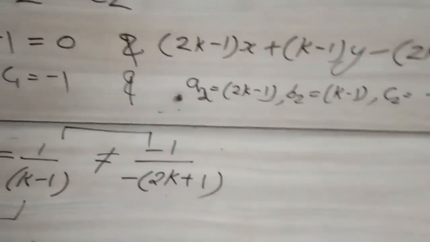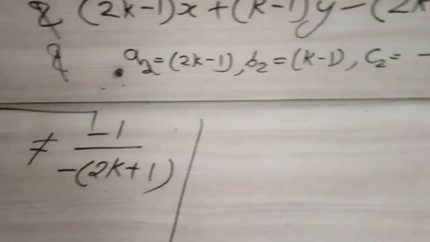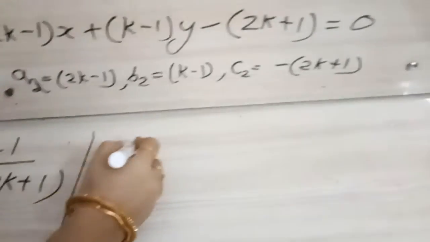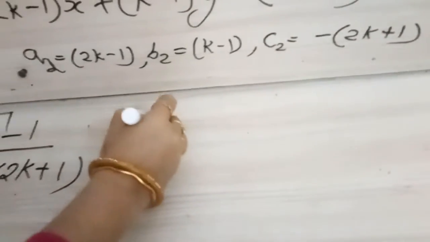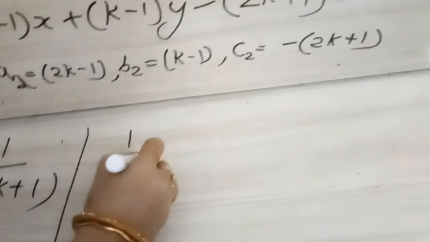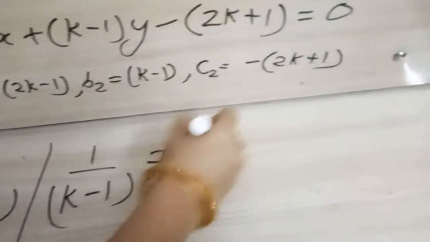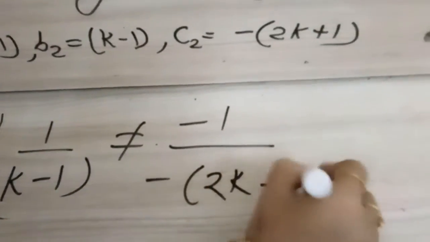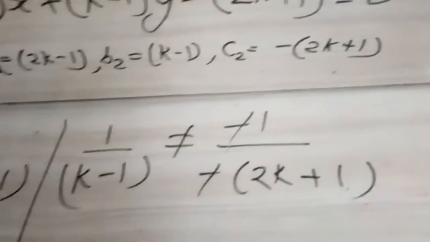And here if I take these two conditions, it is of not equal to, so this will give me the value of k, that k should not be equal to what. So again here, 1 upon k minus 1 is not equal to minus 1 upon minus (2k plus 1), so minus and minus cancel.